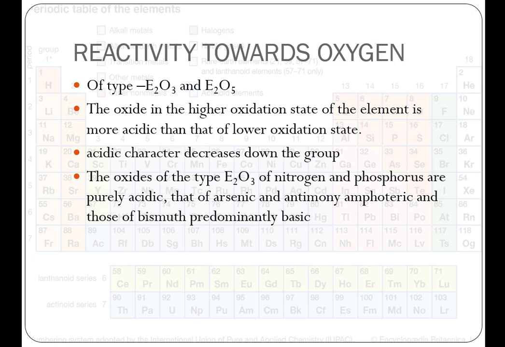Acidic character decreases down the group. Oxides of type E2O3 of nitrogen and phosphorus are purely acidic. That of arsenic and antimony are amphoteric and those of bismuth are basic.